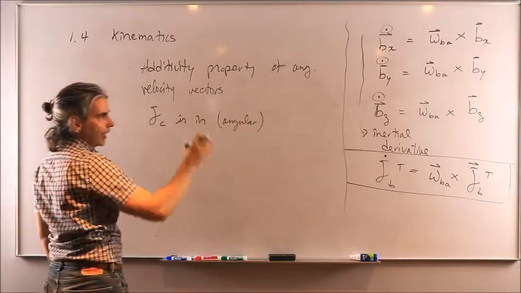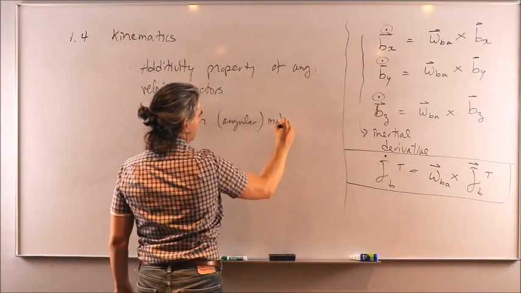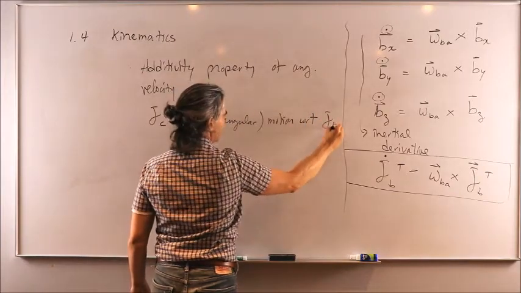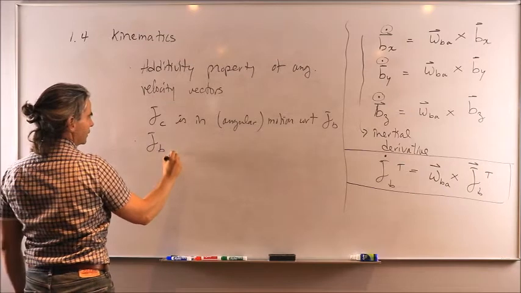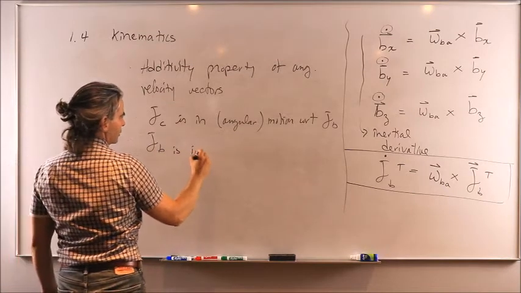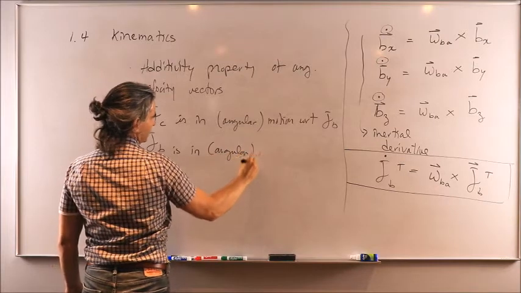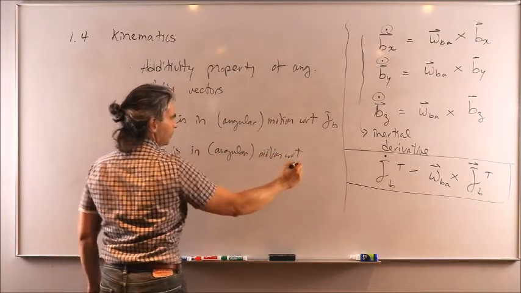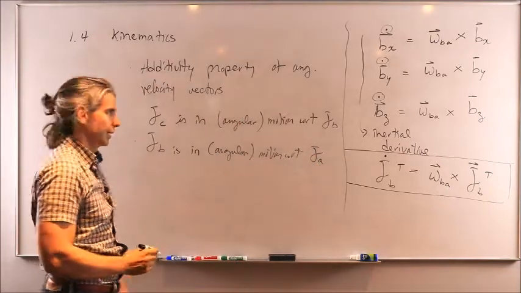Everything we do now is rotational motion, is in angular motion with respect to reference frame B. And we also have, as per before, reference frame B, which is also in an angular motion with respect to our inertially fixed reference frame, which is reference frame A in our case.